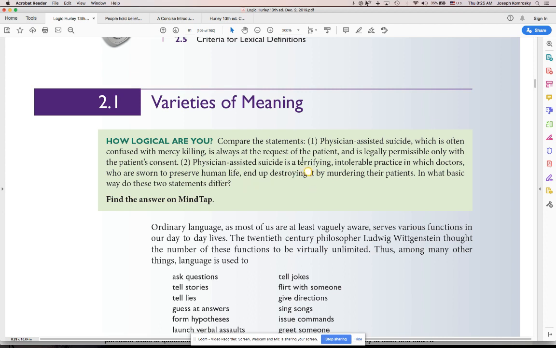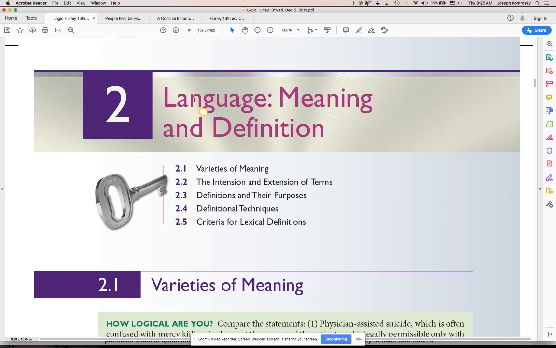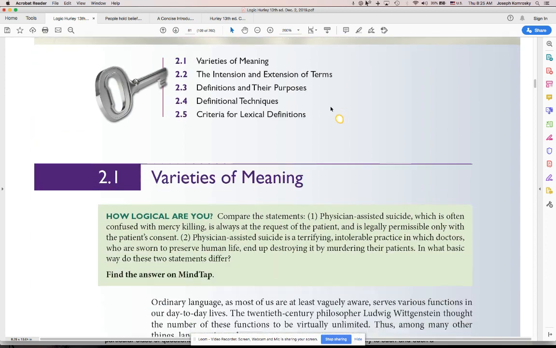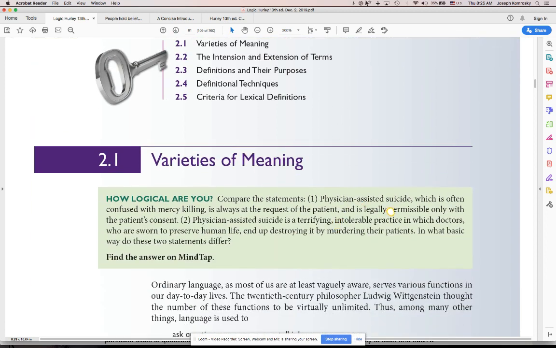Because they're using terms like terrifying, intolerable, destroying, right? Murdering. And the bottom line of this chapter, again, is how we use our language, what kind of terms are we using, or what definition are we using, and what are the meanings behind these? Well, in statement 1, we're conveying information. Statement 2, we're doing something entirely different.